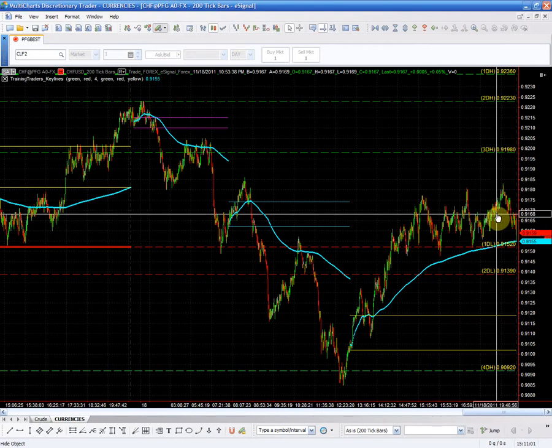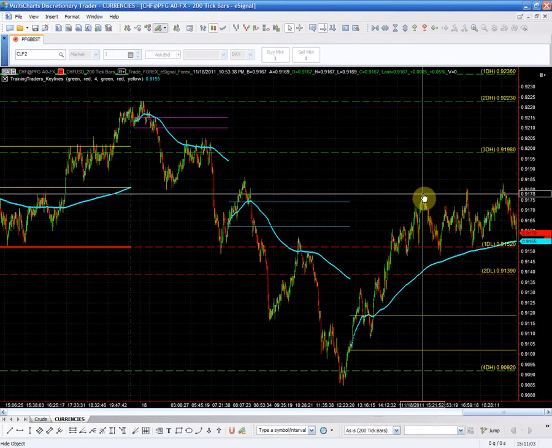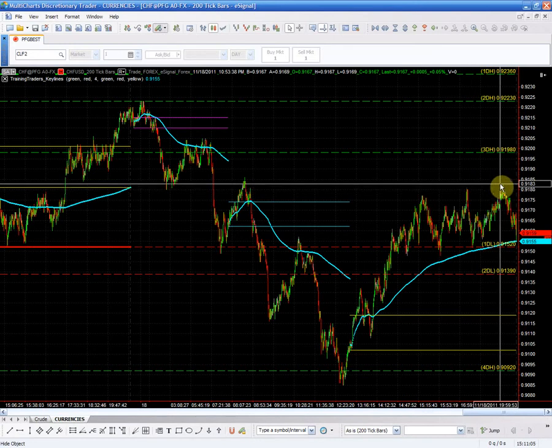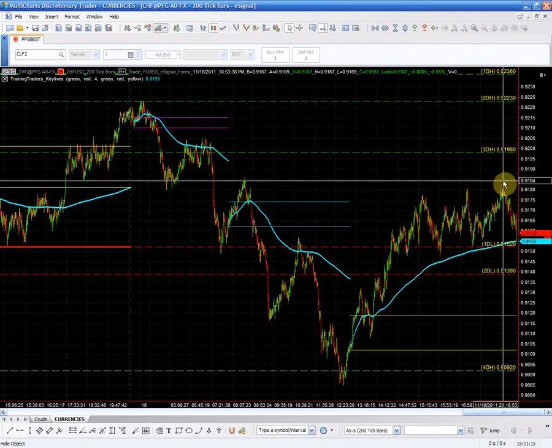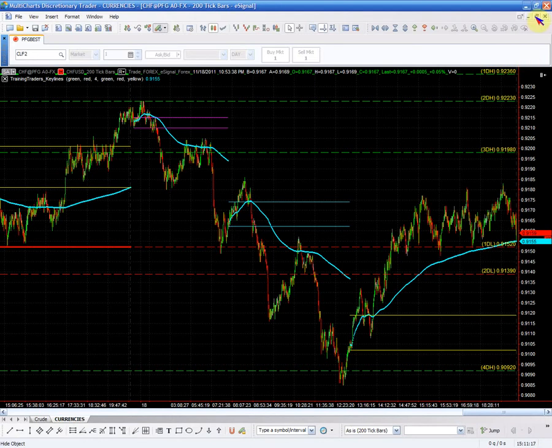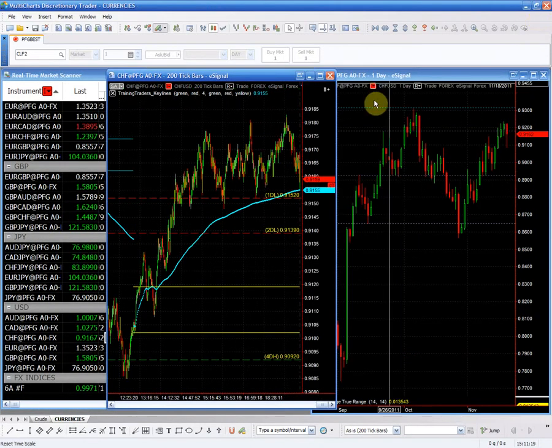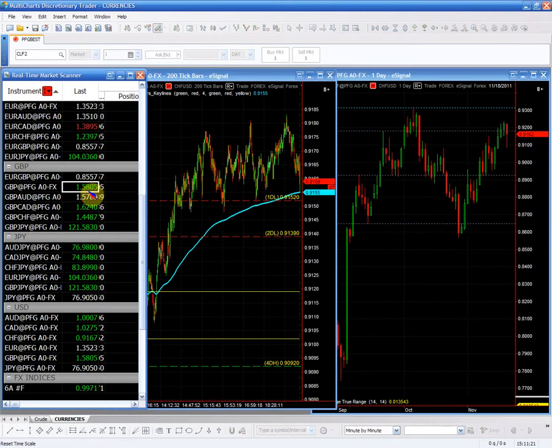The market has proved to me that it has been trading between the 91.85, and that is my market side. So it's been respecting them, all of that on Friday. So if it gets above 91.80, I'm going to buy it, and I'm going to put my stop below the market side.